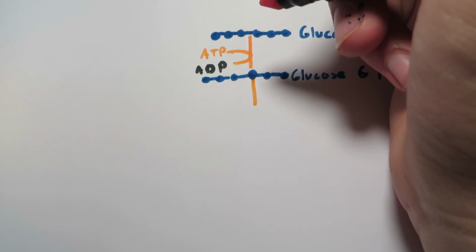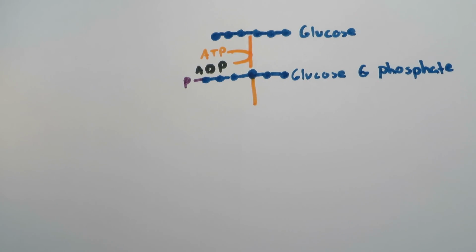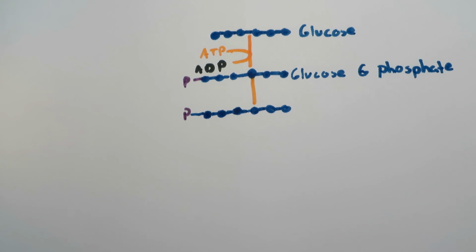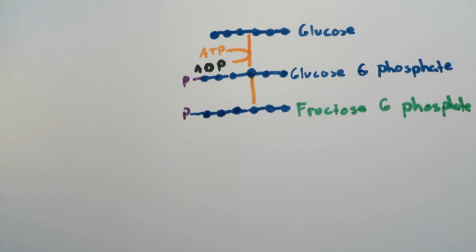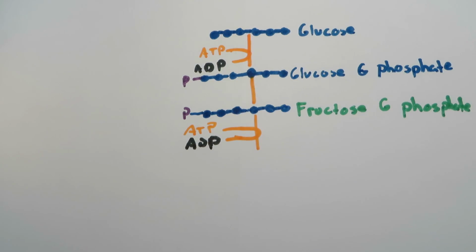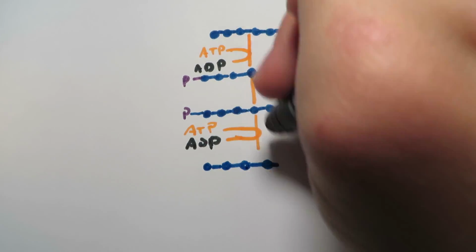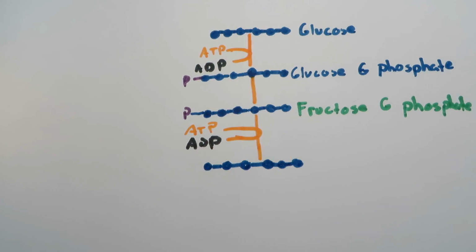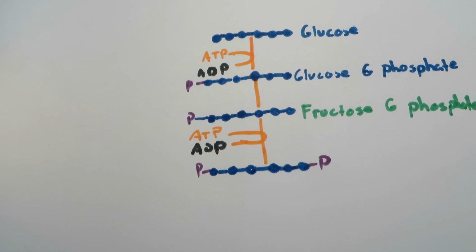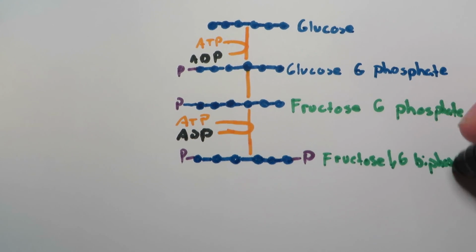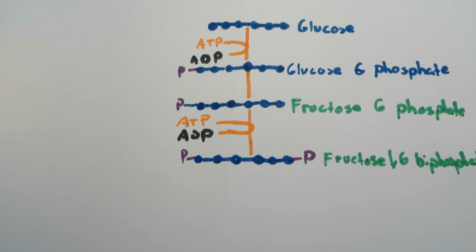Once glucose 6-phosphate is formed, it then turns into fructose 6-phosphate. Another ATP comes and gives its energy to turn fructose 6-phosphate into fructose 1,6-bisphosphate.